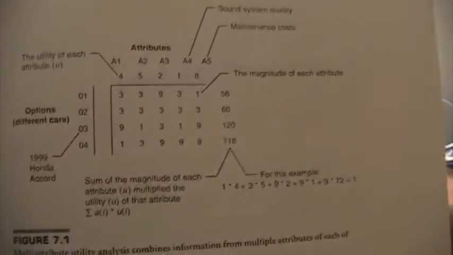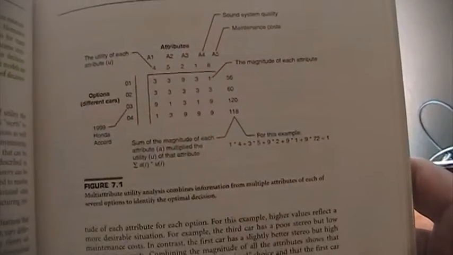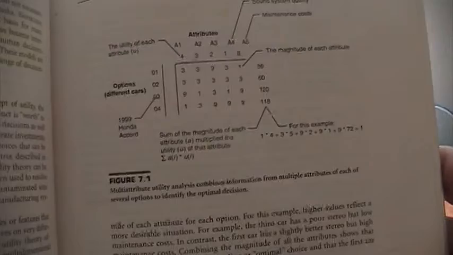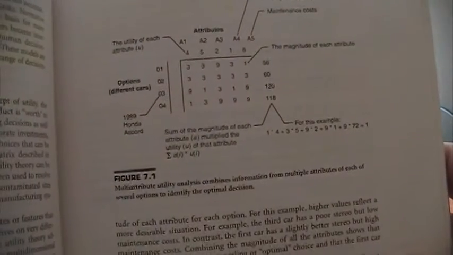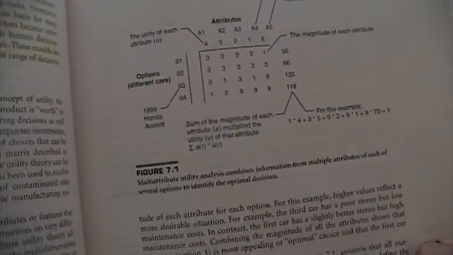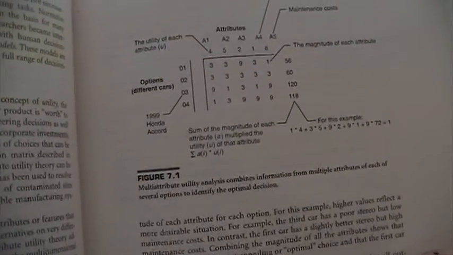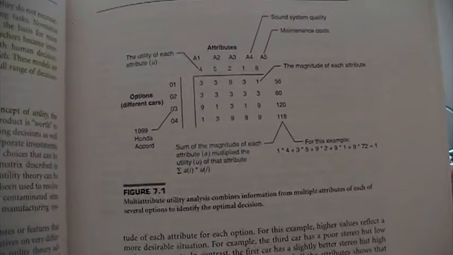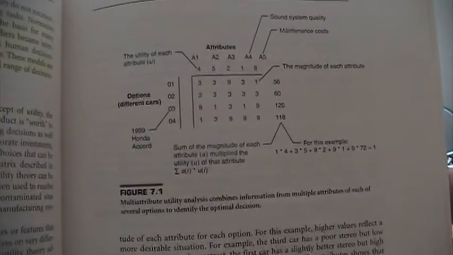All right, so here is table 7.1, where we have different options, in this case different cars that they're choosing from, and what the attributes of each one are that are desired.